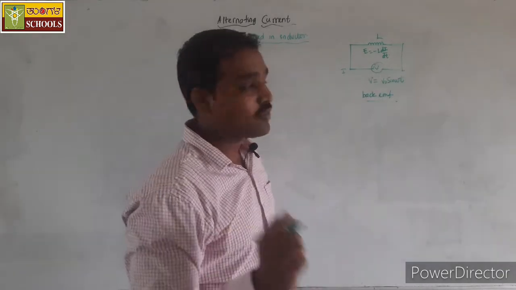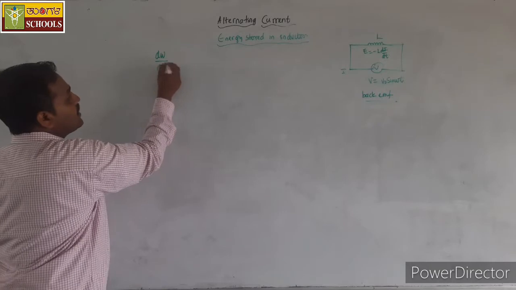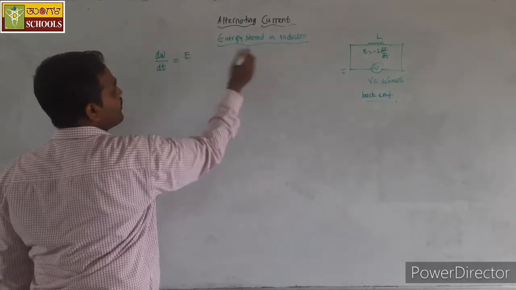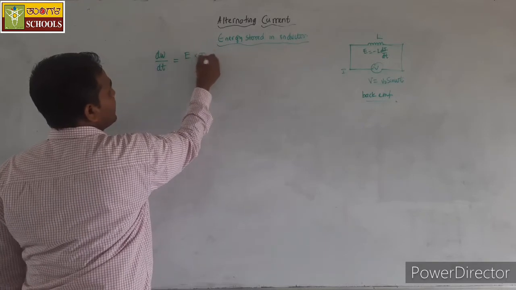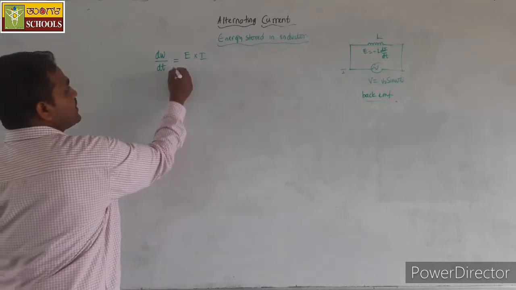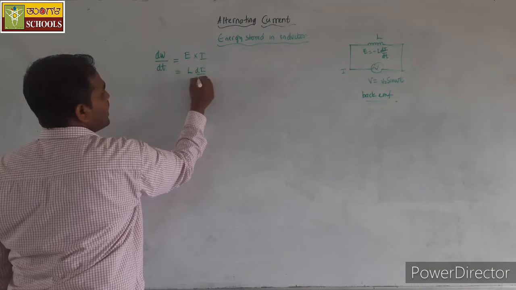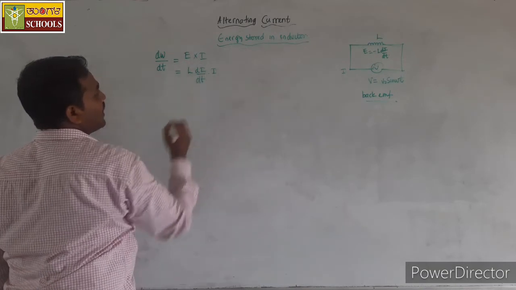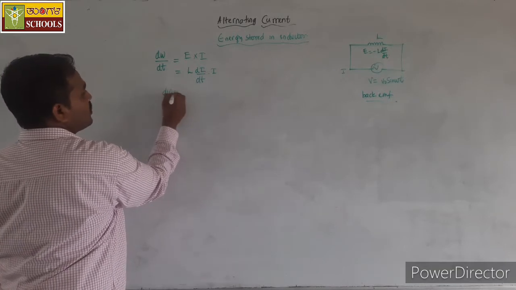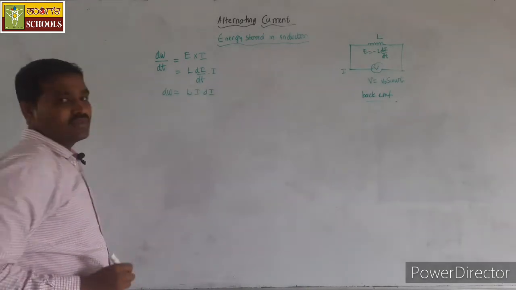So the rate of work done, or the power, is given by dW by dt equal to EMF into current, that is E into I. The magnitude of E is L into di by dt, into I. This I can rewrite as dW equal to L i into di.